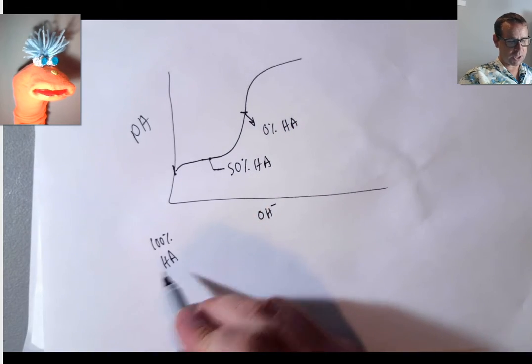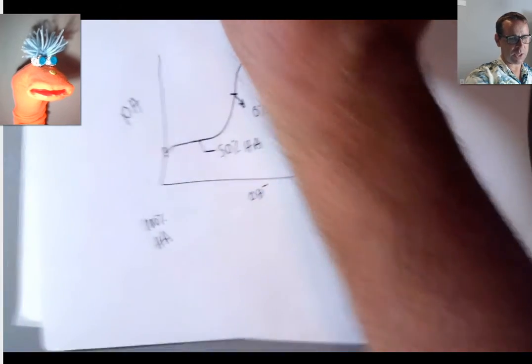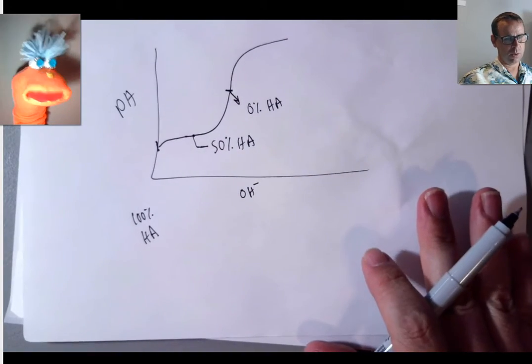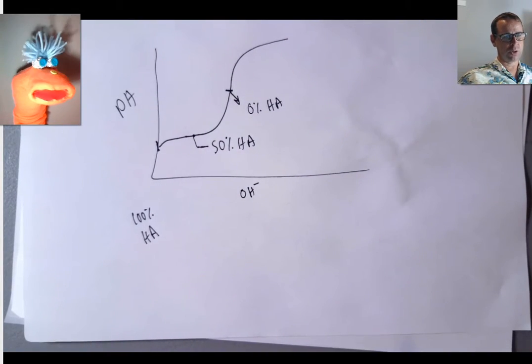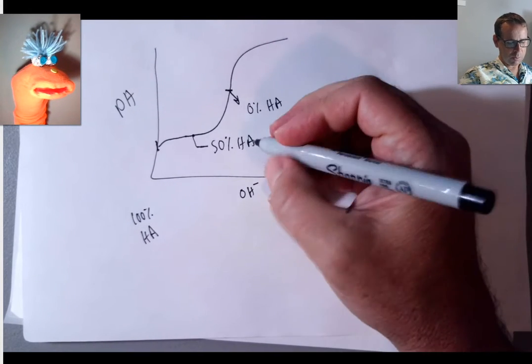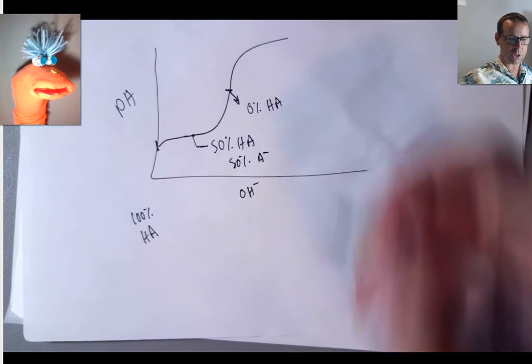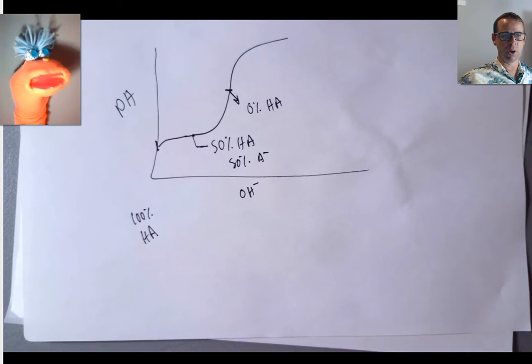Now, if 100% is HA here, HA is there, and 50% HA is there, what happened to the other 50%? The base took it. The base took the proton. That's right, the hydroxide ion took the proton away, but the other 50% is in the form of the dissociated anion. Oh, yeah, right.